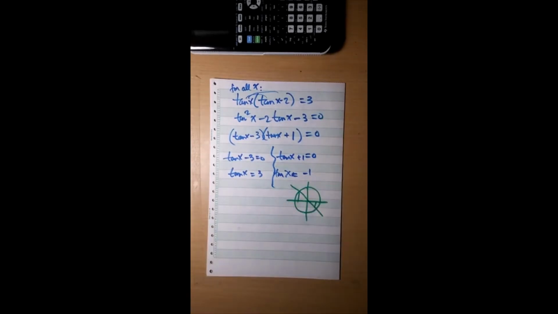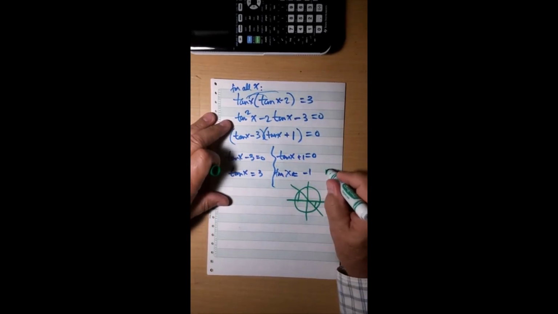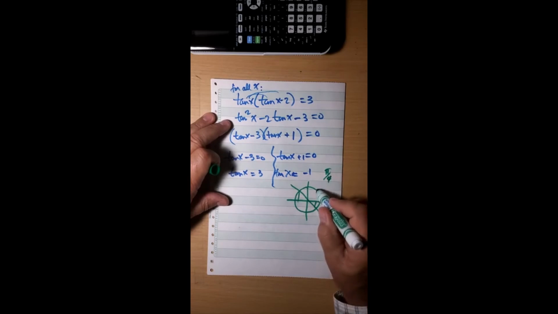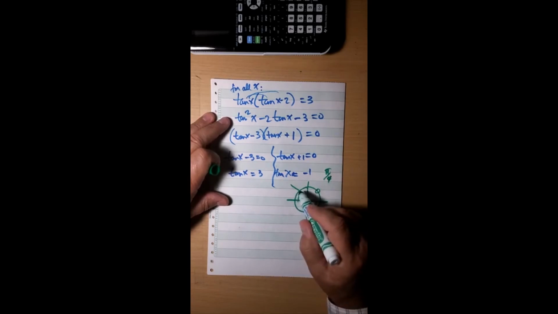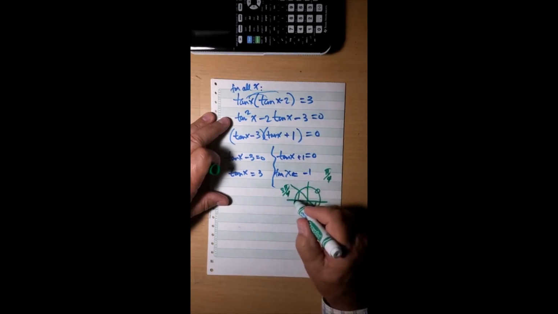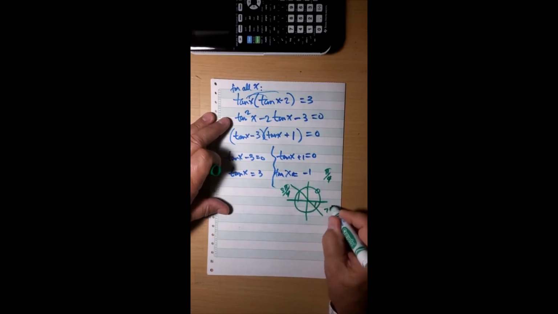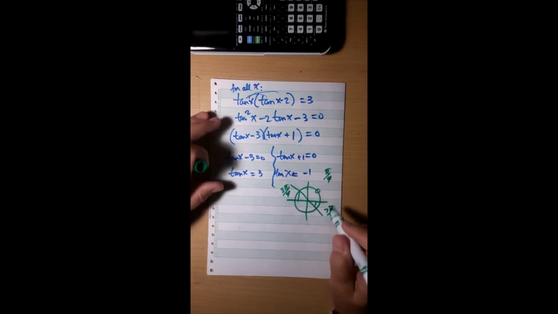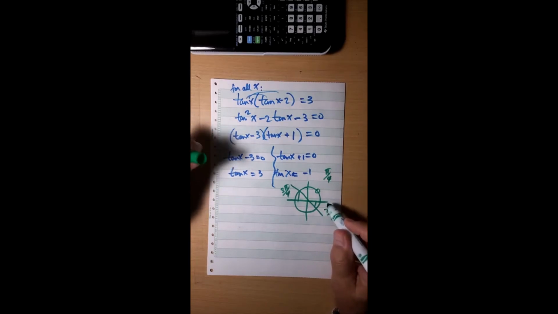But remember, that's just a reference angle. Because pi over 4 is right there. Which one is this? Well, that's 1, 2, 3 pi over 4. 4 is pi. 5, 6, 7 pi over 4 is 1 pi over 4 less than 2 pi.